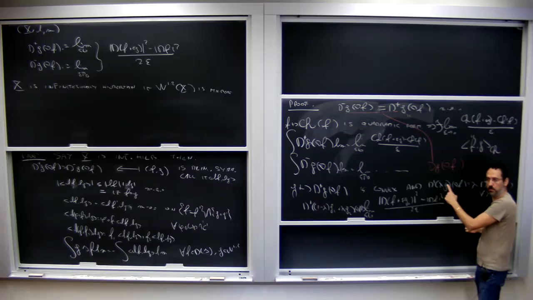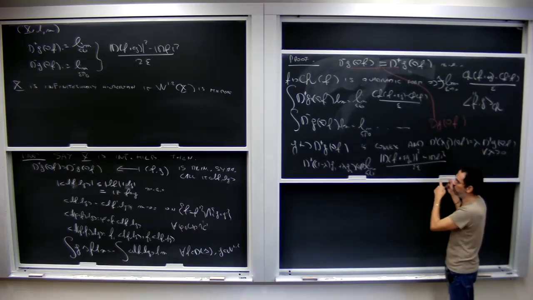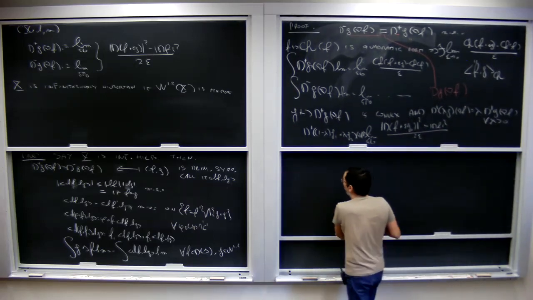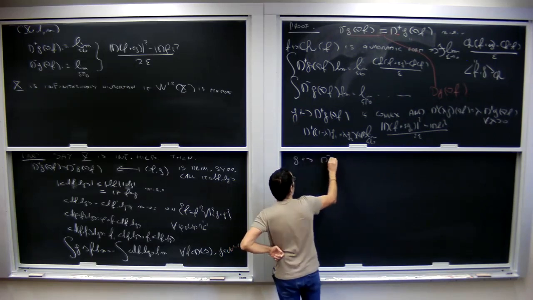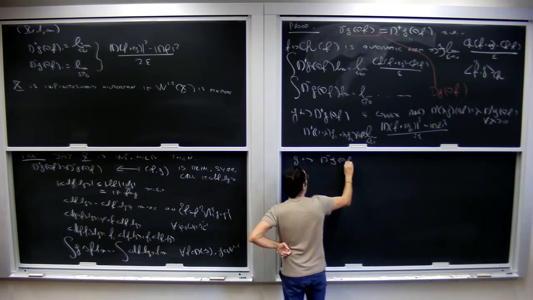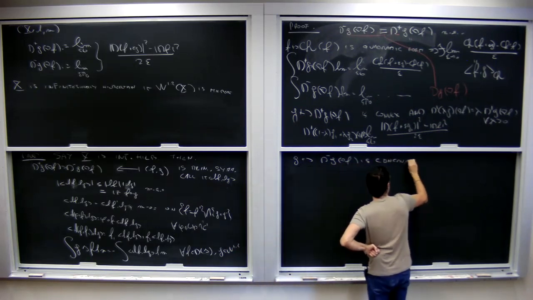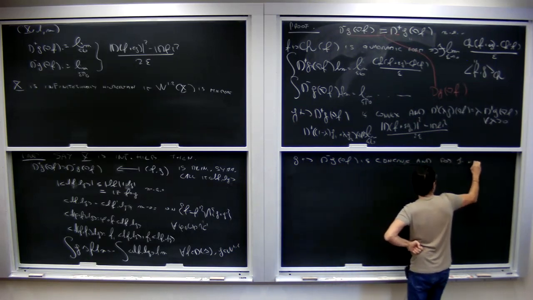Make sense? So this guy is convex and positively one homogeneous. Of course, d minus is concave and positively one homogeneous for the same reasons.